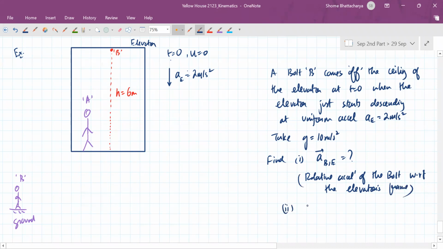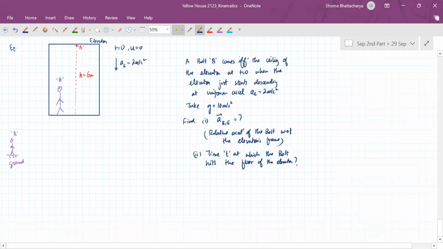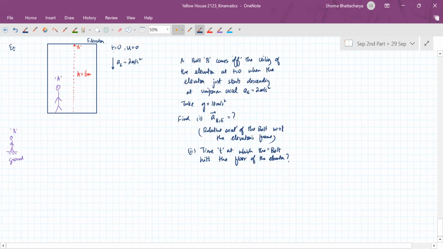Second, the time t at which the bolt hits the floor of the elevator. These two things we have to calculate over here. So just try this out, people. Take the value of g as 10, that I've already given you here.